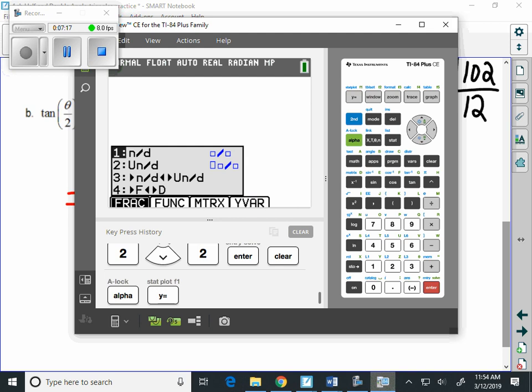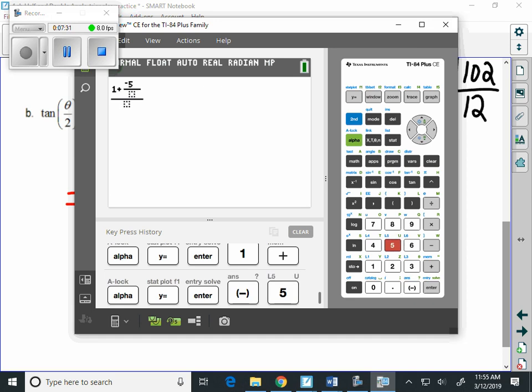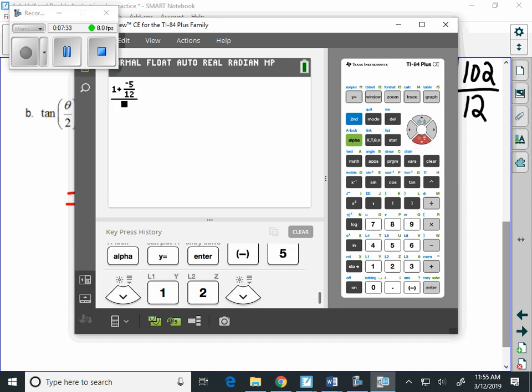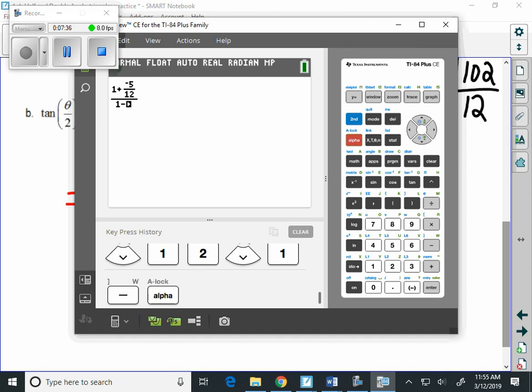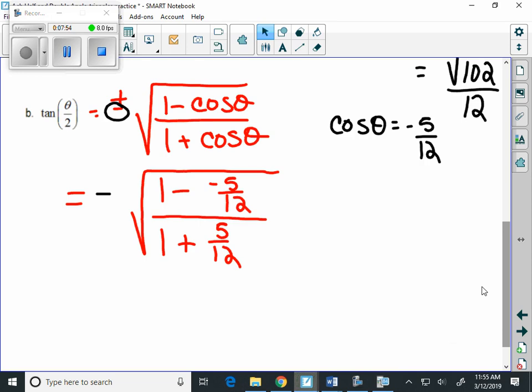So alpha y equals, and you can put multiple fractions in, as you're going to see me do. But it's going to be 1 plus alpha y equals negative 5/12 divided by 1 minus alpha y equals negative 5/12. And when we type that in, pressing enter here, just checking to make sure that I typed it in correctly, and I didn't.